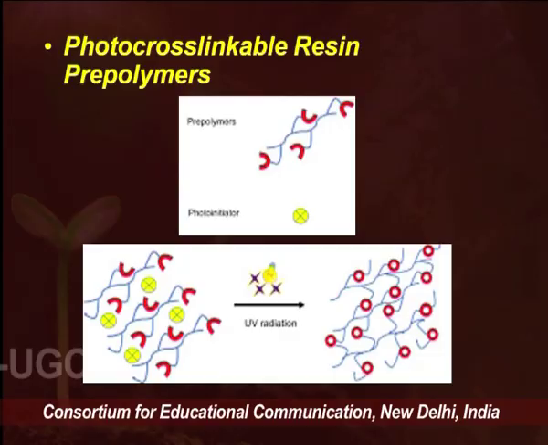The next type of synthetic polymer is the photo cross-linkable resin pre-polymers. Earlier we were using monomers and subjecting those monomers to a polymerization reaction, but here we are using pre-polymers.